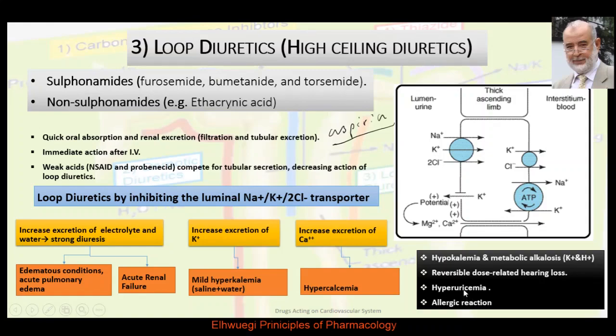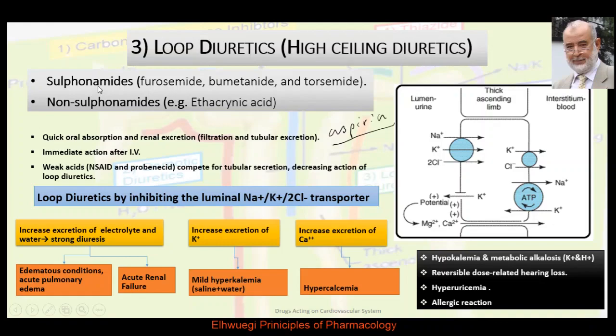People who are suffering from gout should not be given loop diuretics because they will make their hyperuricemia worse.